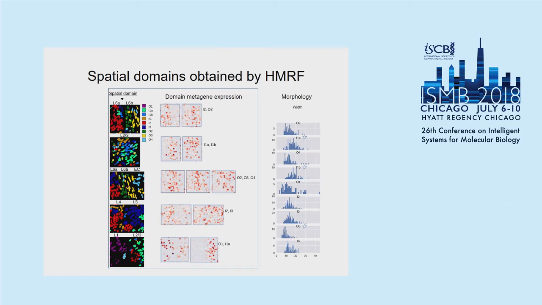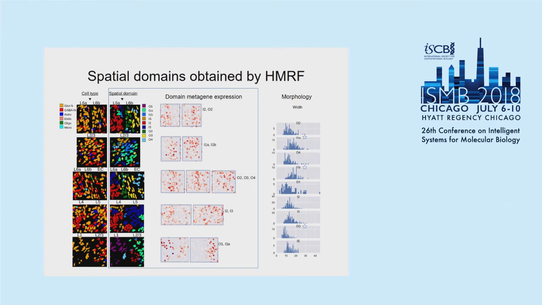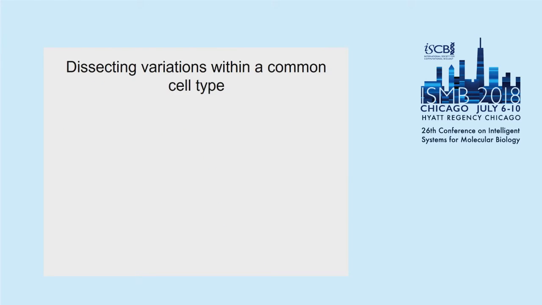And we can actually see quite a few morphological features that uniquely identify each domain. On the other hand, if we overlay the cell type annotation on the same, they fail to explain the variations between layers, indicating that there are further variations that need to be captured by studying the spatial patterns.